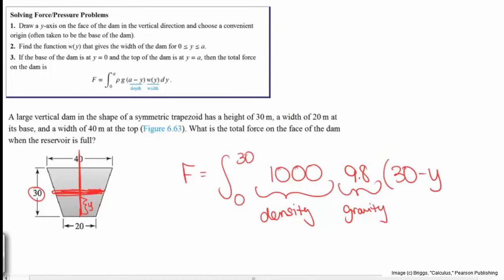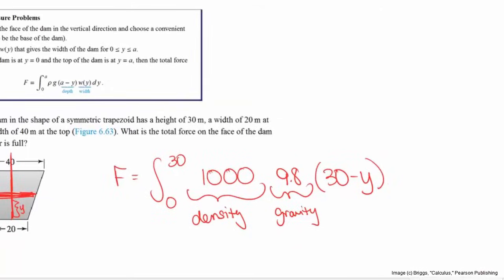And then the last thing we need is the width of each rectangle. And then we're going to have dy. That's the height of each rectangle. And so these two together give you the area.